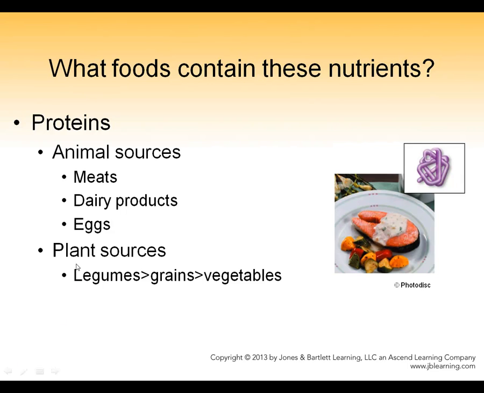These are the beans and peas. Grains also have protein in them, but less so than the legumes. And then what you might call the classic vegetables, the leaves, the stems, the fruits, they have protein in them too, but less so than legumes or grains.